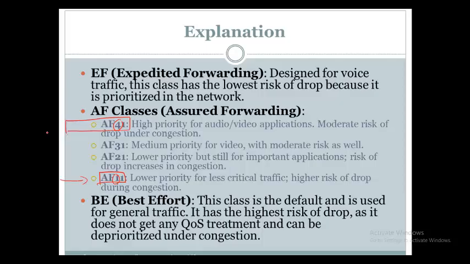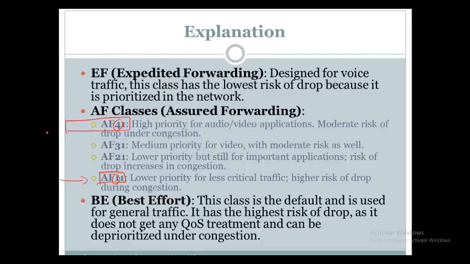that is AF classes. What is BE then? BE is best effort, meaning there is no QoS marking, which means it will get matched with the default class and the default treatment, normal routing. So when congestion happens, before this AF11 gets dropped, which one will get dropped?